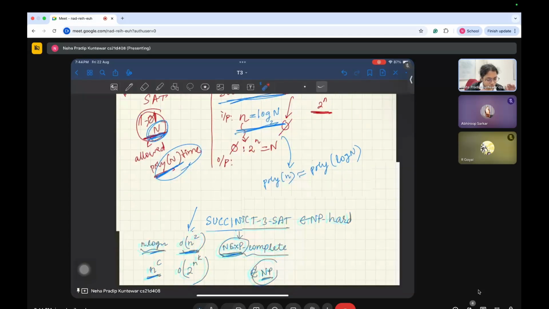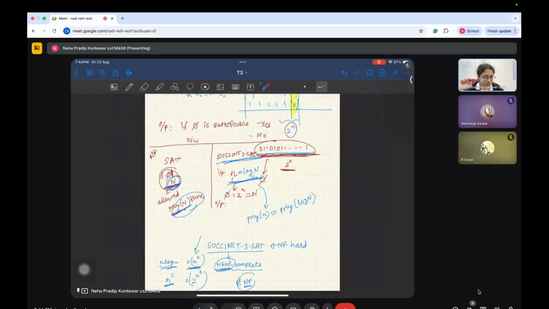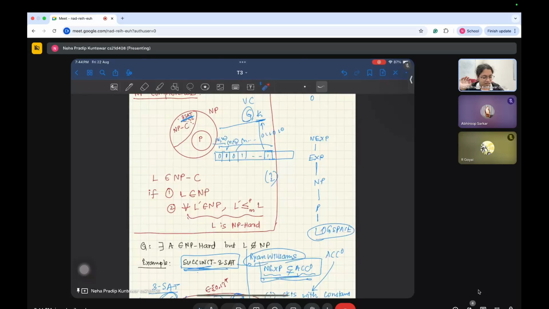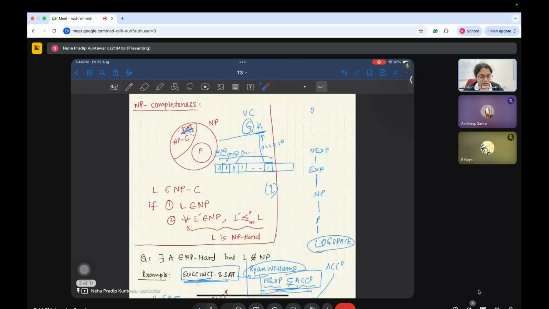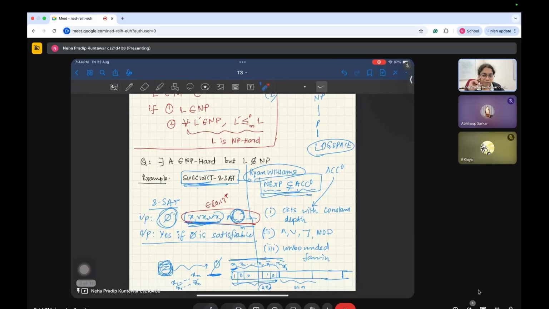Just to summarize what we did: we wanted to ask whether there are languages that are NP-hard but not really in the class NP. This is just one such example.